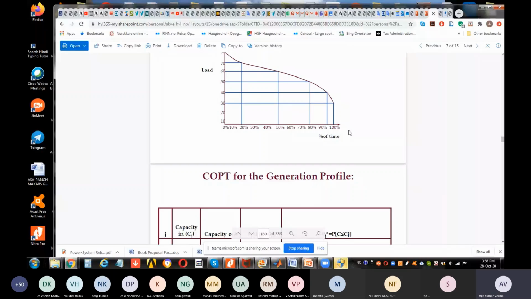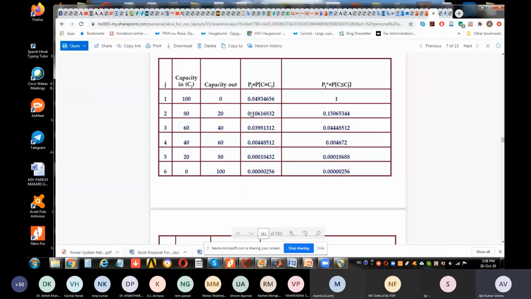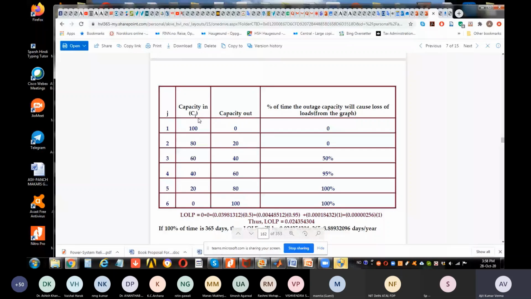So you have the COPT for the generation profile that we already know. This is what is already known, and then the percentage of time the outage capacity will cause loss of load. So let's look at this.